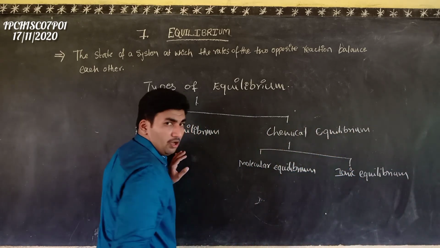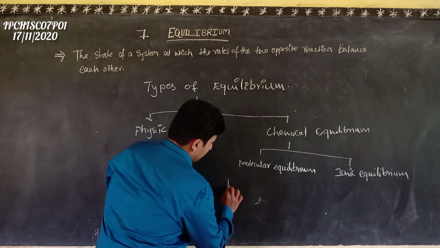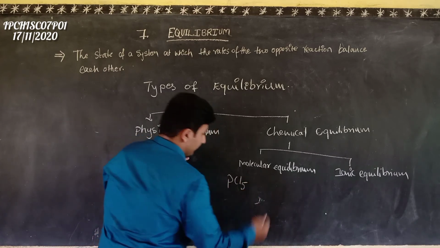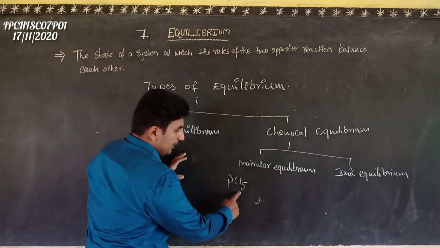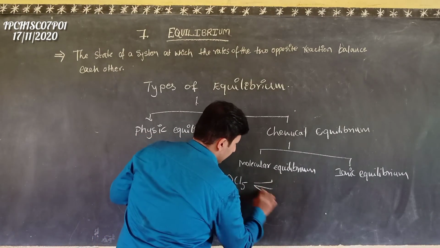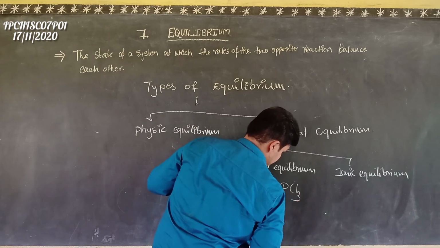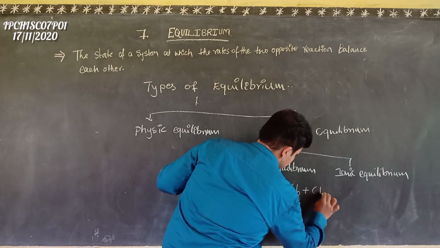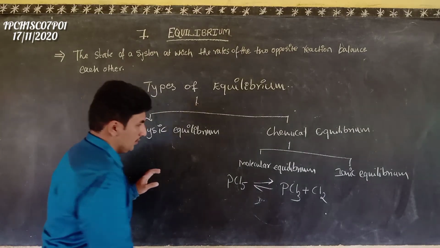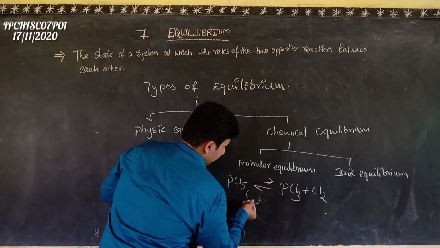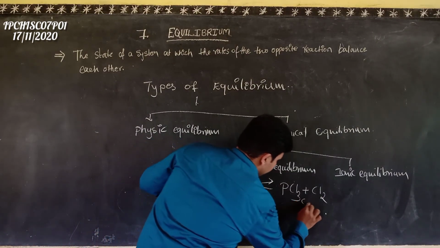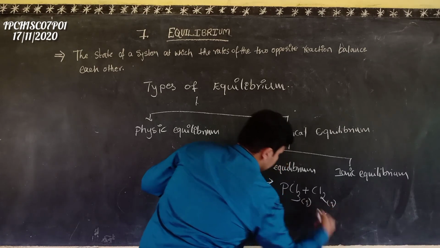For example of molecular equilibrium, PCl5, phosphorus pentachloride, will give phosphorus trichloride, PCl3, and Cl2. These are all in the gaseous state.